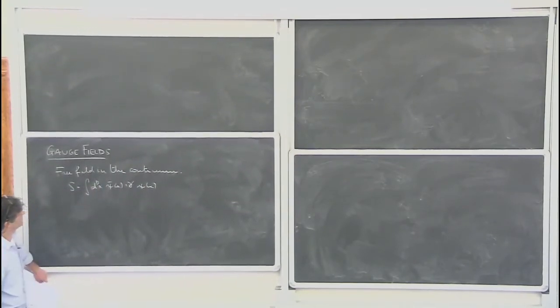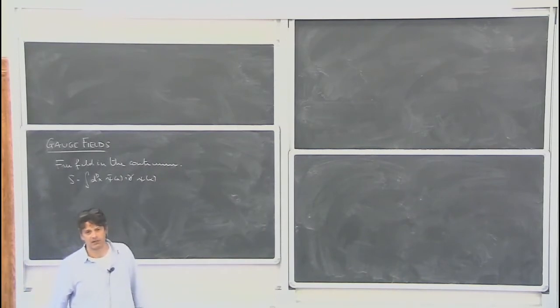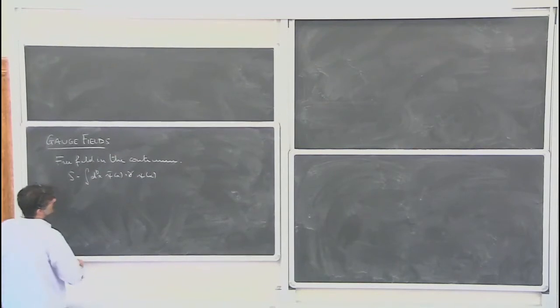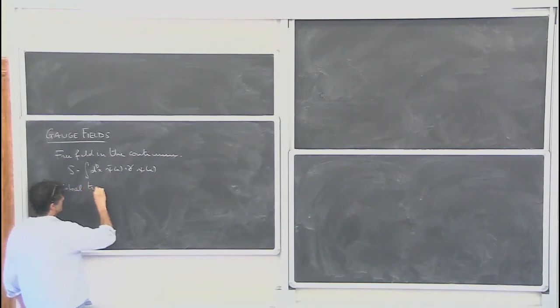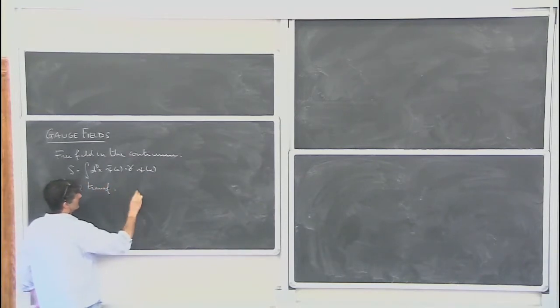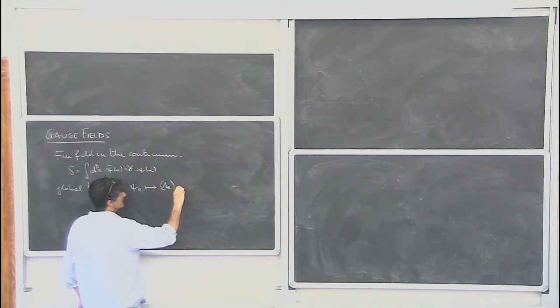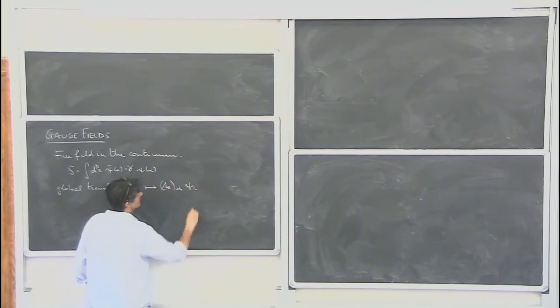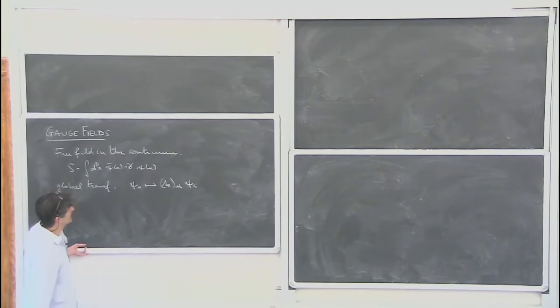And then, as you know very well, you can add a sort of color degree of freedom to the fields, and the action is invariant under global transformations, where psi, which now has got a color index, goes into some lambda R ab psi b.